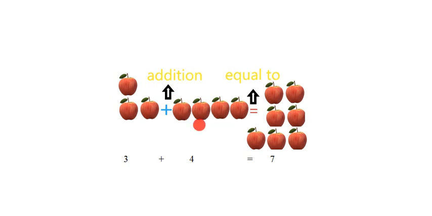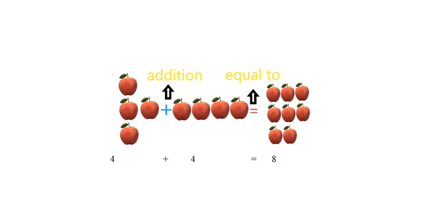Then how many apples do you have altogether? Let's count them. One, two, three, four, five, six, seven. You have seven apples altogether.